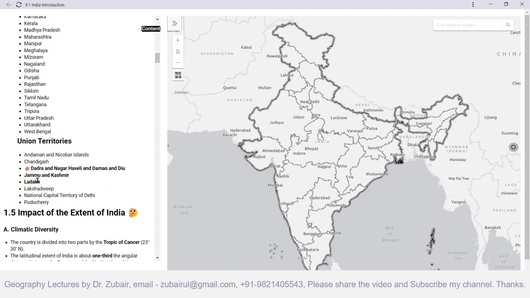So here there are two new Union Territories. On the other hand, you can see Dadra and Nagar Haveli and Daman and Diu. Earlier, these were two Union Territories, but they have been merged into one. So there are 8 Union Territories.